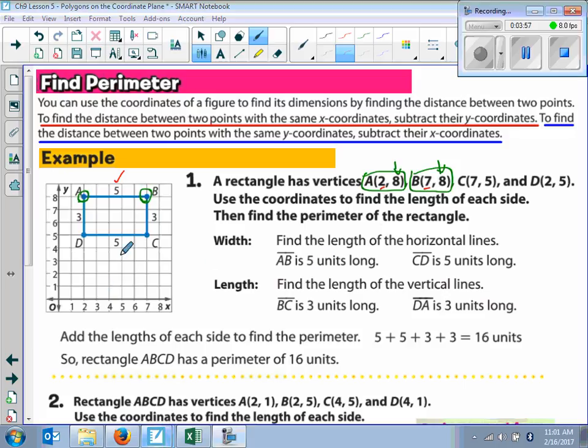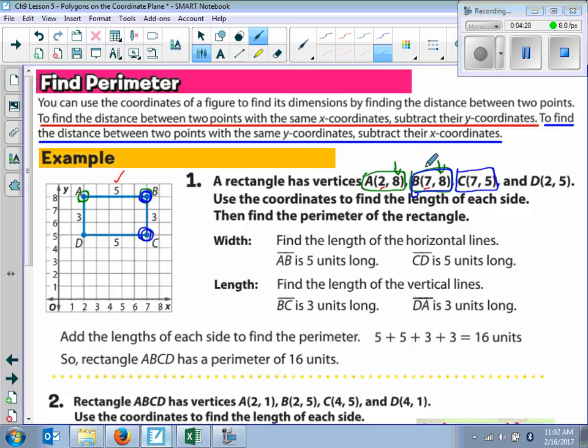And because this is a rectangle, do I have to show the work for line segment CD? No, because opposite sides are congruent, right? So now we can find the distance between point B and point C. B is (7, 8) and C is (7, 5).